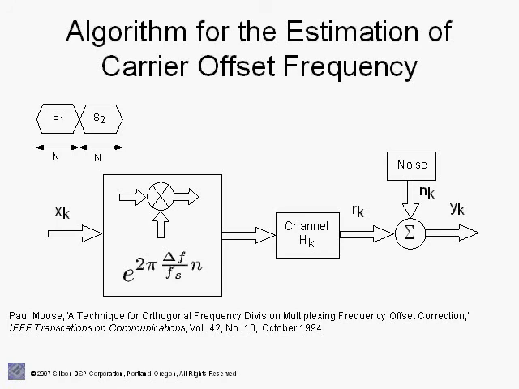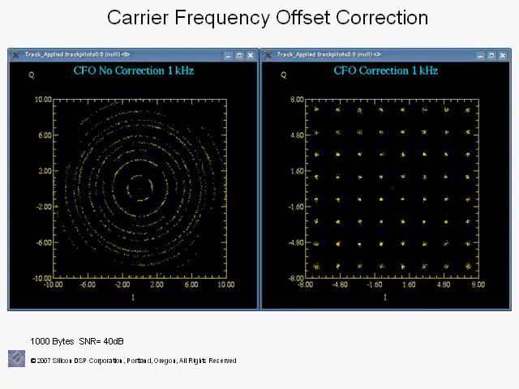We will go in detail into the derivation of an algorithm for the estimation of the carrier offset frequency and how to eliminate it. For example, here we're showing a case where we have 1 kHz of residual carrier offset, and we're showing its estimation and correction over here where we recover the original constellation. So we devote quite a bit of time on carrier frequency offset estimation and correction algorithms and their implementation.